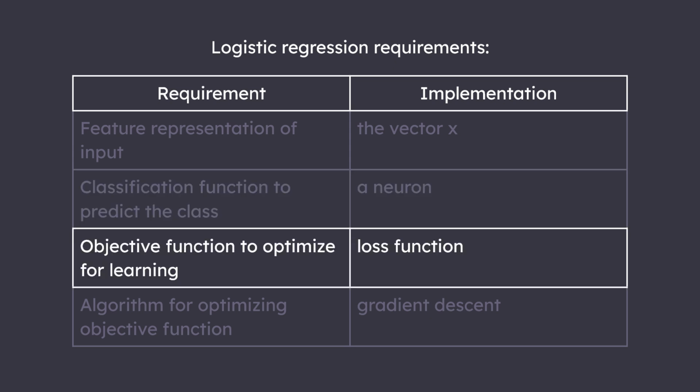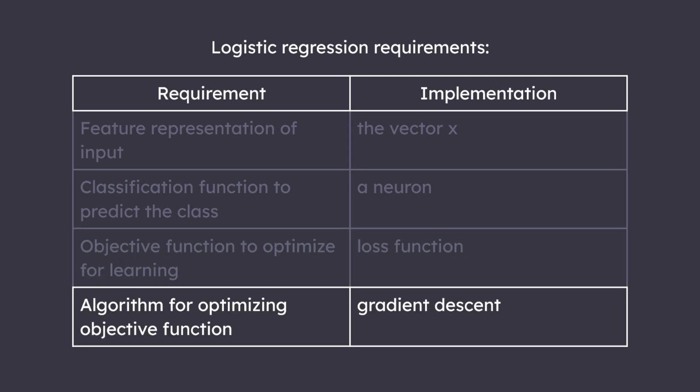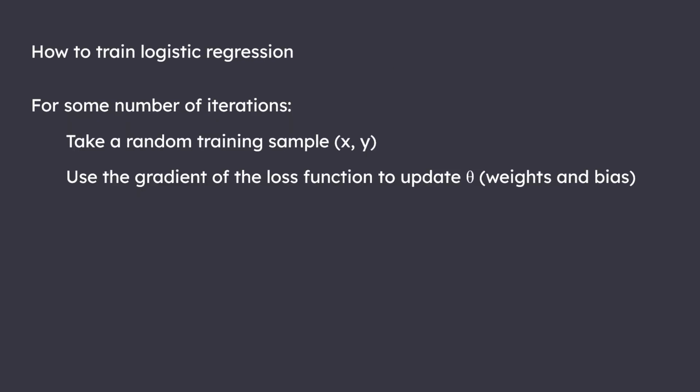We've seen how the loss function can measure the difference between the predicted label and the true label. And we've seen how we can use gradient descent to reduce the difference between the predicted label and true label. Now that we have all the tools we need to train logistic regression, let's walk through the steps together.